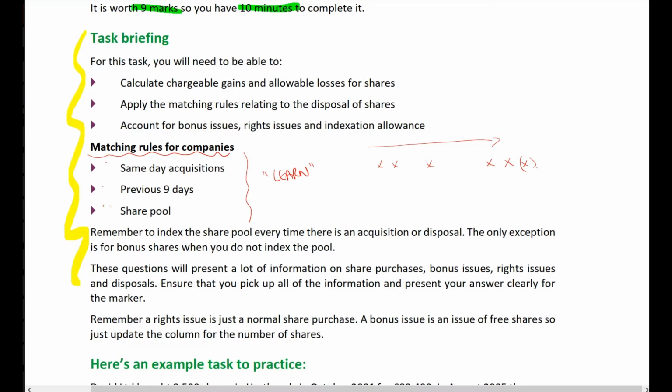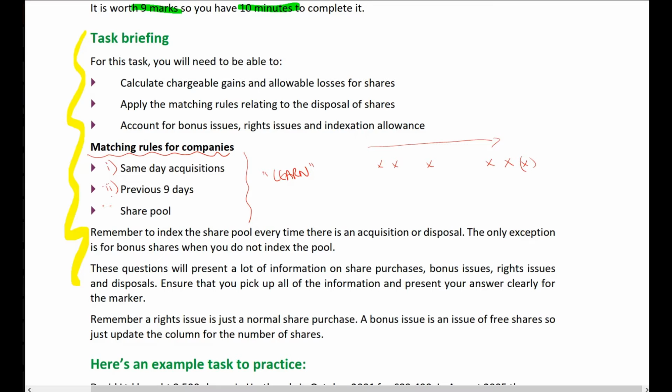And the answer is, the first thing you would do is look to see if you purchased any on the same day. So if I did have purchases on the same day, I would match my disposal to those shares first. If I don't have any on the same day, or maybe I have already dealt with the ones from the same day and I've still got more disposals, then I'd go to the previous 9 days.